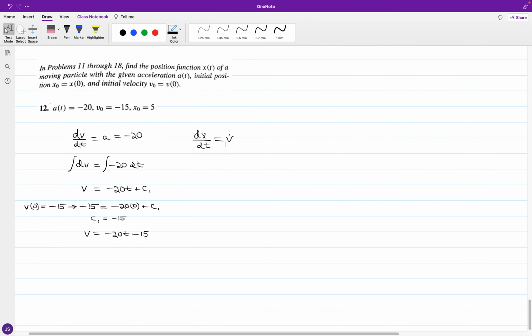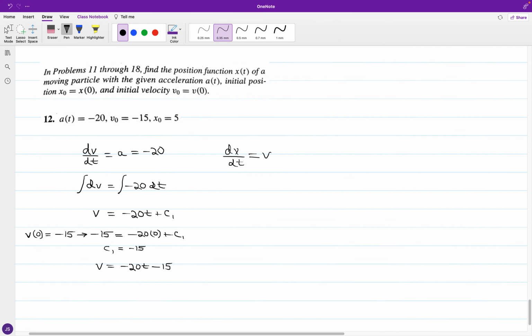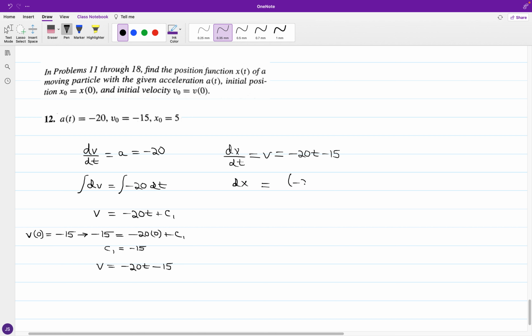And we have established the velocity is equal to negative 20t minus 15. Separating the variables, or in this case the differentials, we have dx is equal to all of negative 20t minus 15 dt.